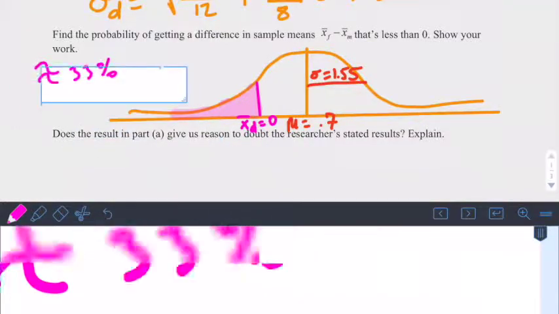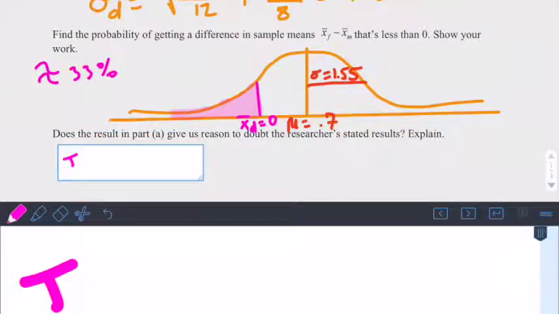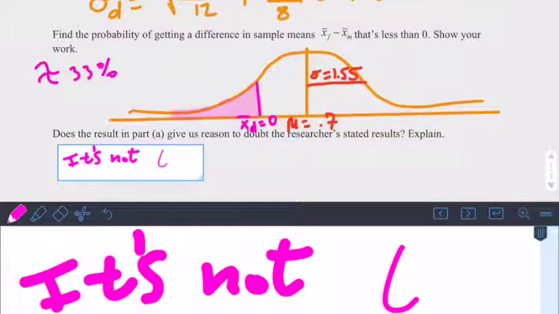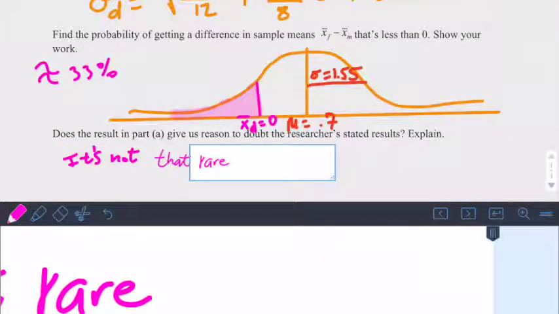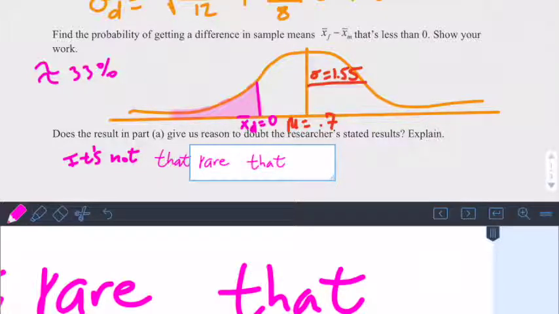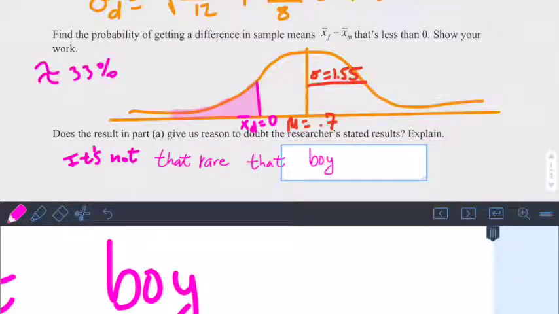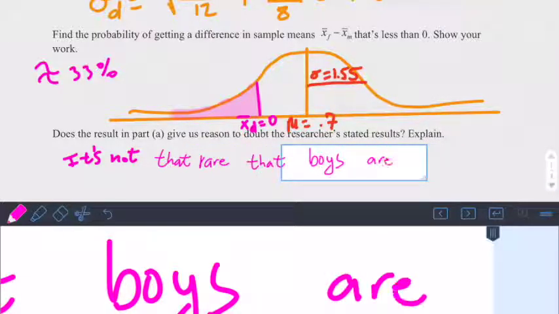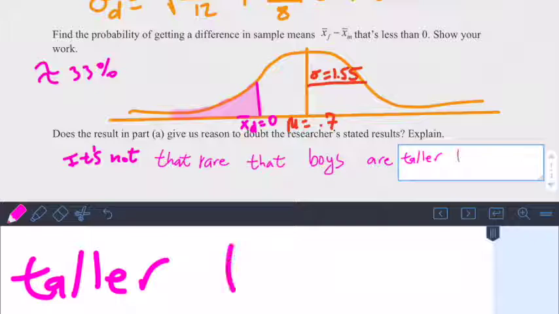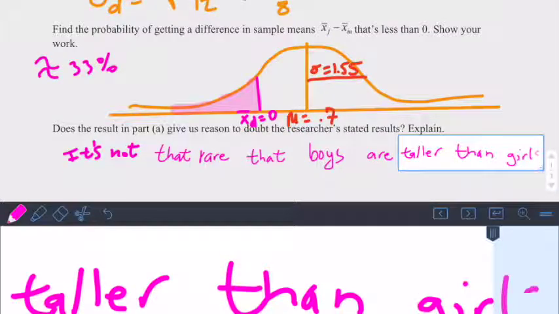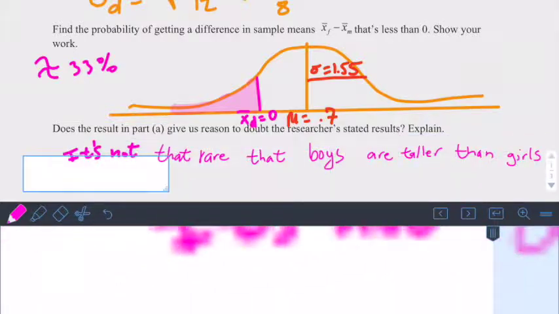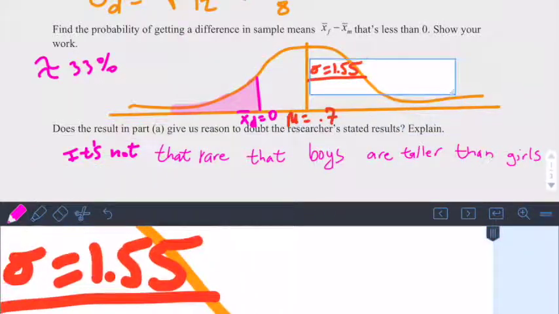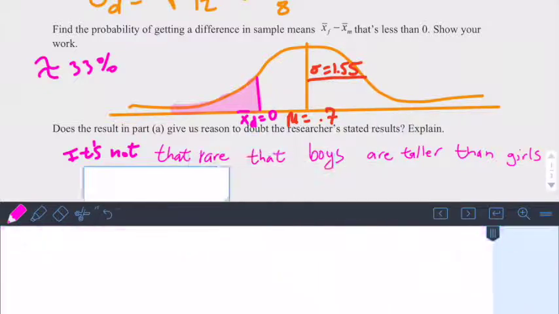Well, this says that it's not that rare. So it's not that rare that boys are taller than girls, meaning girls are not significantly taller than boys.